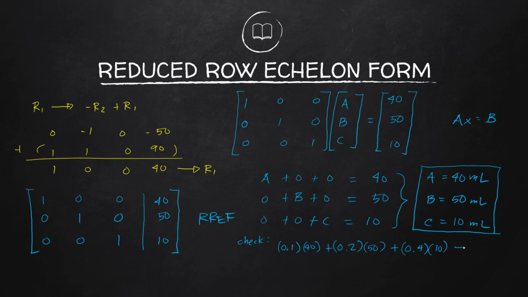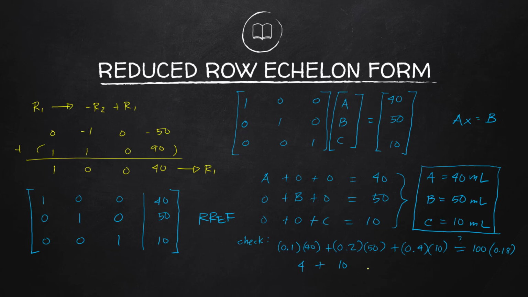So let's check whether this is equal to 100 ml with the concentration of 0.18. This is 4 plus 50 times 0.2, which is equal to 10.